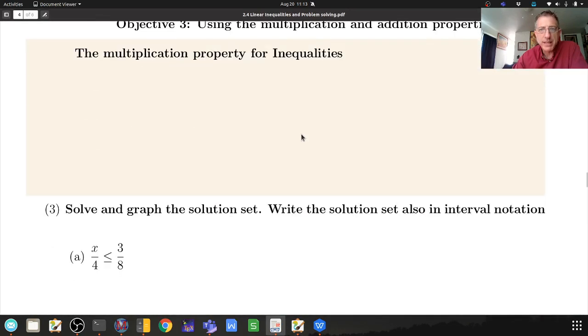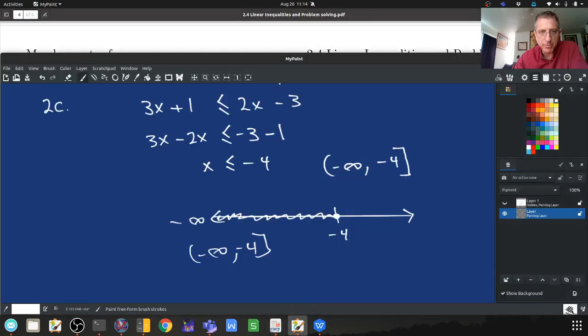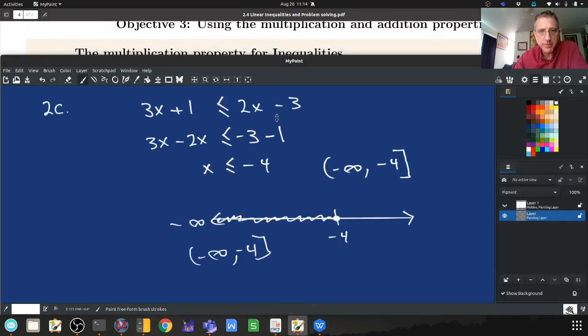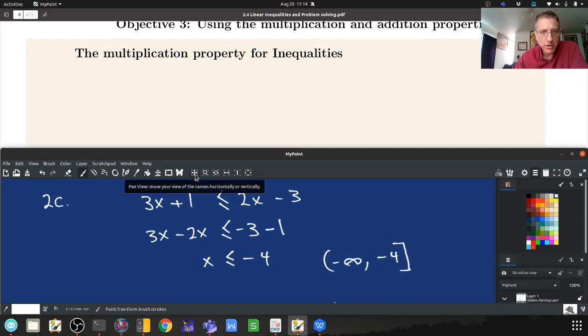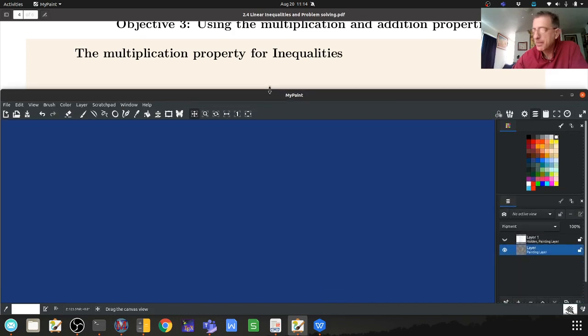So the multiplication property of inequalities. Here is the deal about the multiplication property of inequalities. We'll go ahead and write this out symbolically. Let A, B, and X be any real numbers.